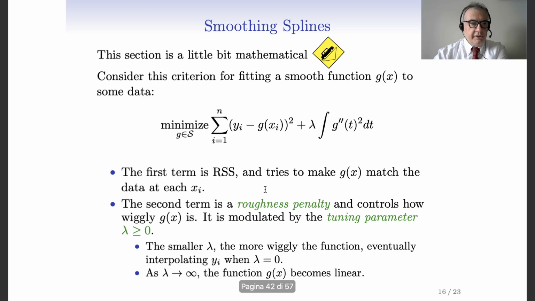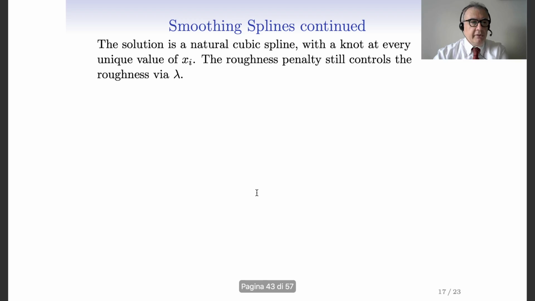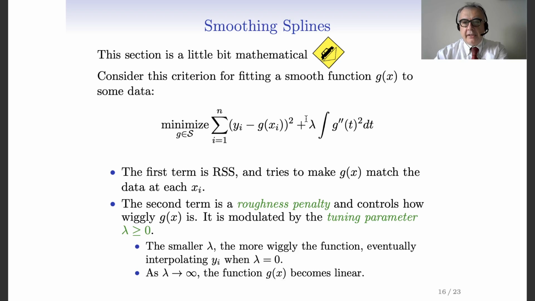So this is okay as a method. As a matter of fact, this appears as a rather complicated mathematical problem, because think of it, you are not assuming that g belongs to some family of functions.